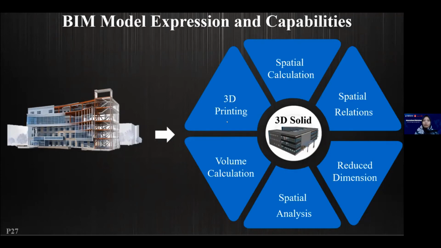And here we also have dimension reduction calculations. It refers to data dimensional reduction in a certain way, including plane projections, arbitrary sections, and elevation projections. And the last one, we also provide 3D printing technology inside the GIS platform. So your BIM models can be exported to the 3D printing format, which normally has the file extension .stl.